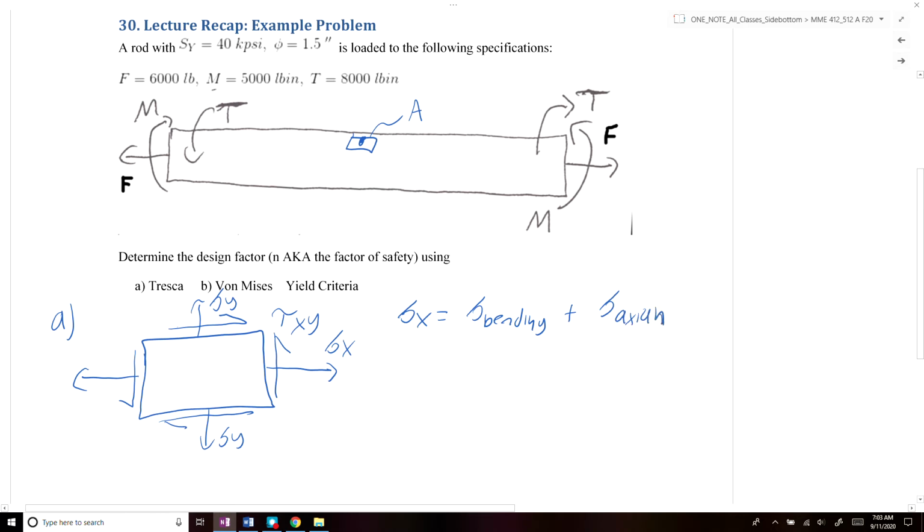There's no force acting directly along the y-axis, so we can say that sigma y is going to be equal to 0.